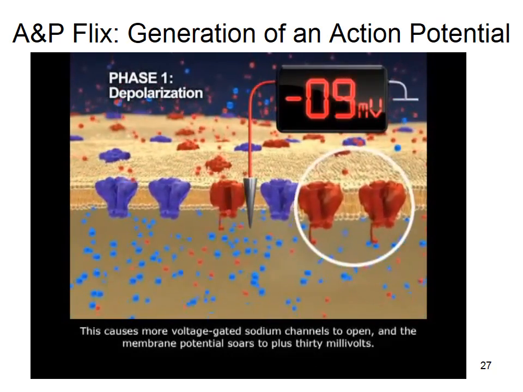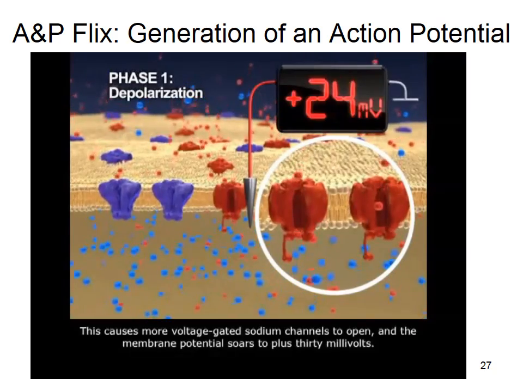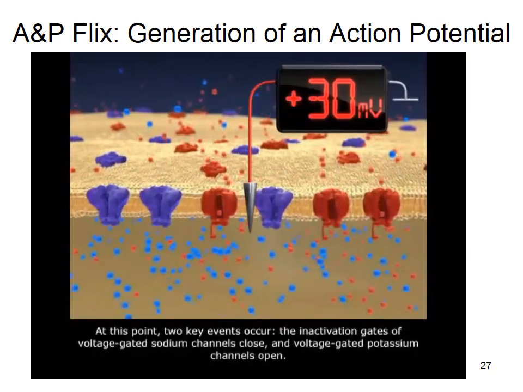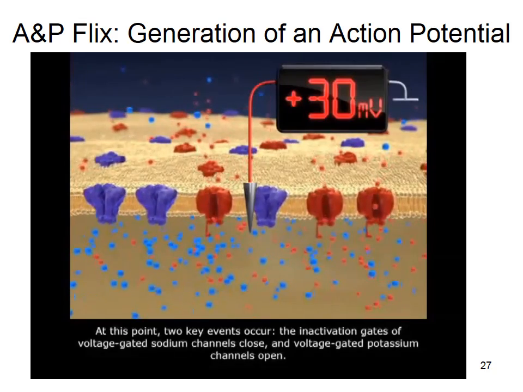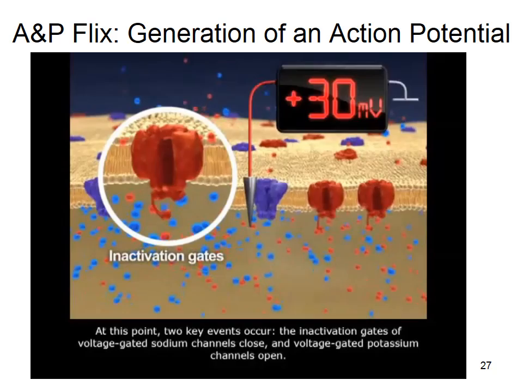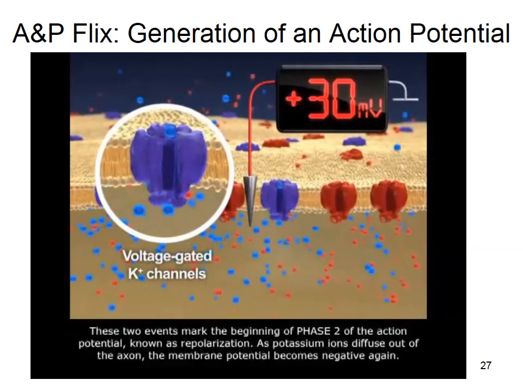This causes more voltage-gated sodium channels to open, and the membrane potential soars to plus 30 millivolts. At this point, two key events occur. The inactivation gates of voltage-gated sodium channels close, and voltage-gated potassium channels open.